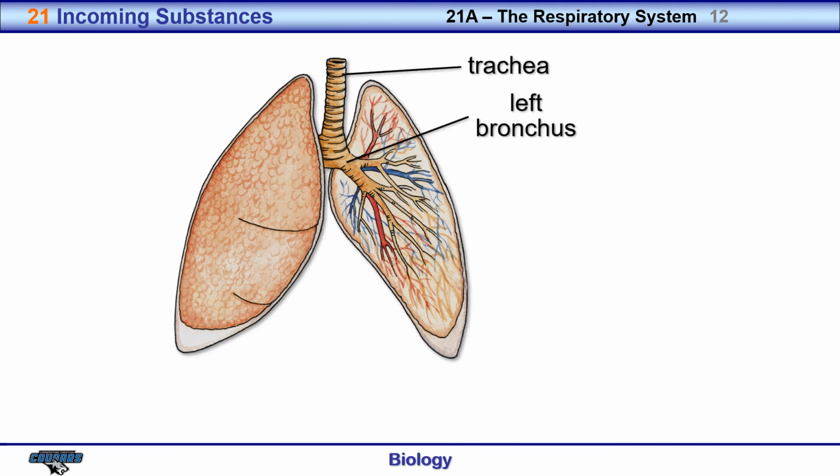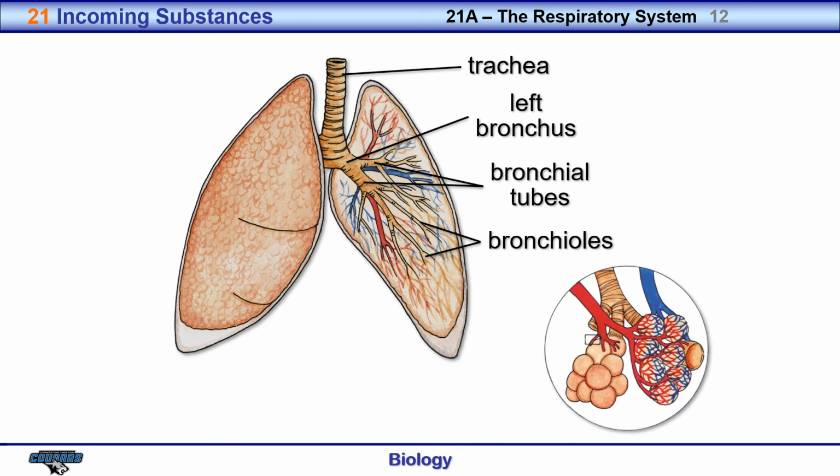There's the left bronchus. Remember, this person is facing us, so that's on his left side. Those are the bronchial tubes. And then the bronchial tubes are broken into bronchioles. So each part is getting divided smaller and smaller and smaller.